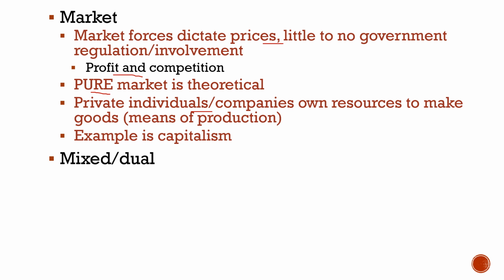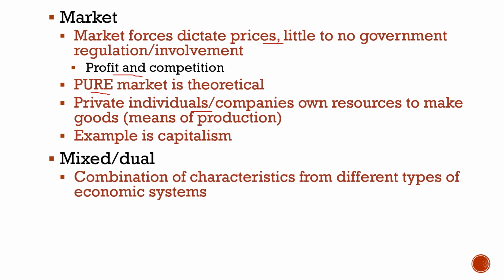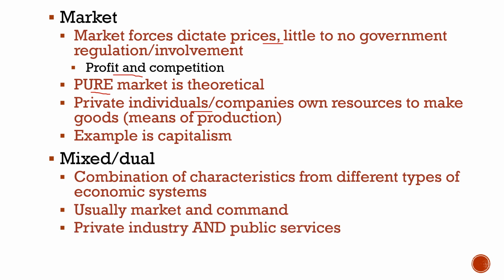And then we can have kind of this mixed or dual to where we kind of have bits and pieces of both. So it's a combination of, again, market and command economies. So those are the most common ones. So we have private industry, but we also have public services. So we have our own companies that make a lot of goods and determine the prices, but we also have government involved in healthcare and public services and involved in the labor market and that type of thing.